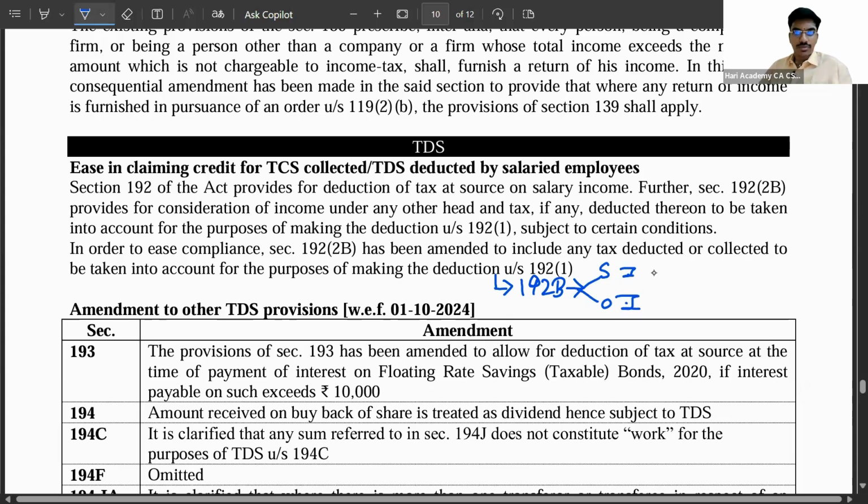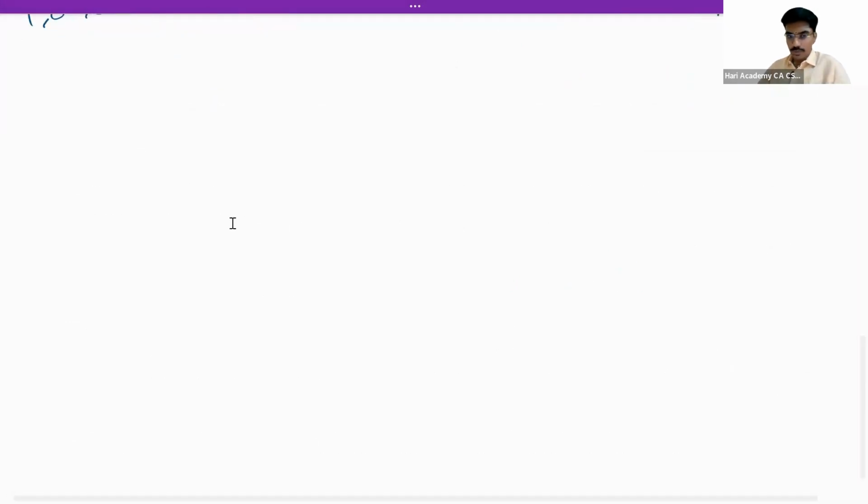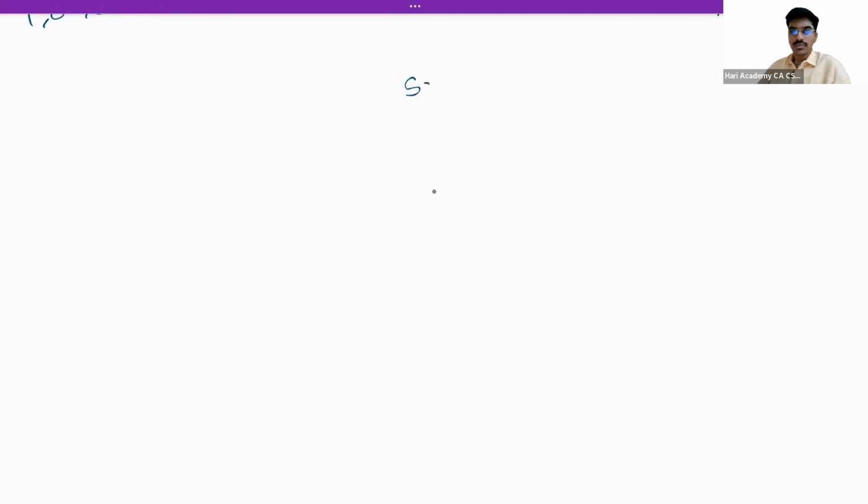Let us draw it here. Every employee is going to have two incomes. One is salary income. Take for example, Sonu. Sonu has two incomes.